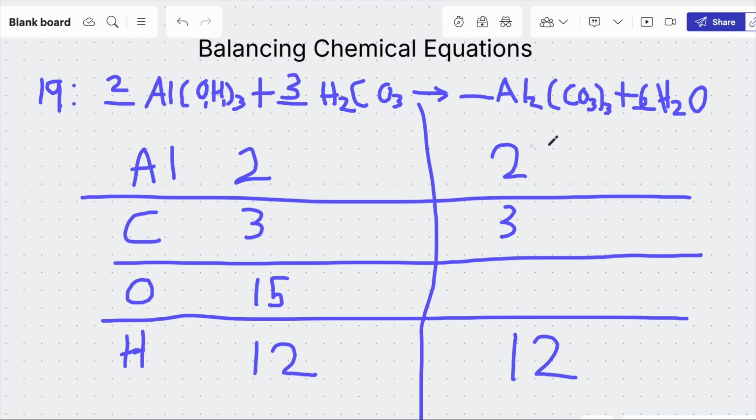So that's 9 from this, plus 6 over here, which is 15. And that is good to go. Plug in that 1 in the blank. And that's our answer. 2 aluminum hydroxide plus 3 carbonic acid makes 1 aluminum carbonate plus 6 water.